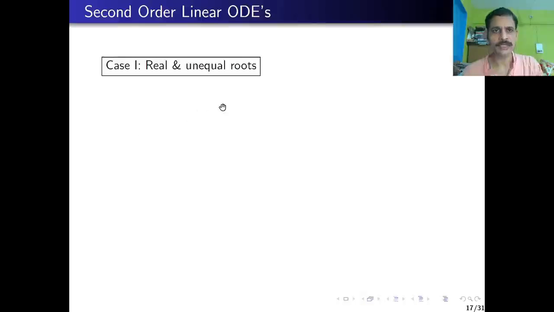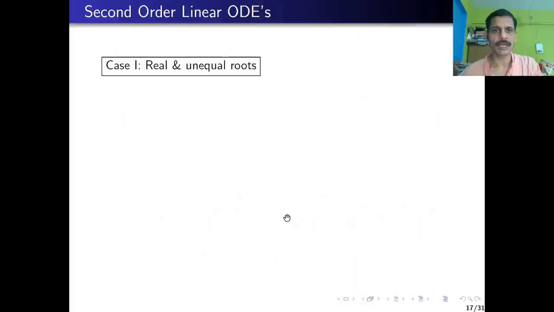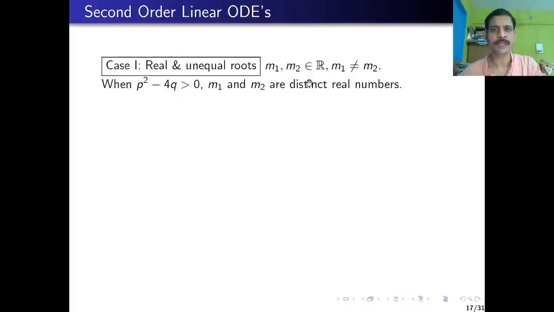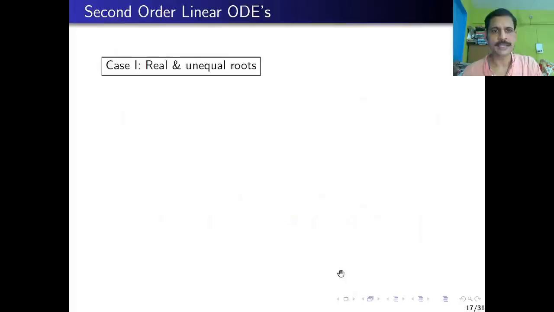Consider the case when we have real and unequal roots, namely m1 is not equal to m2 and m1 and m2 are real. This happens when p square minus 4q is greater than 0.